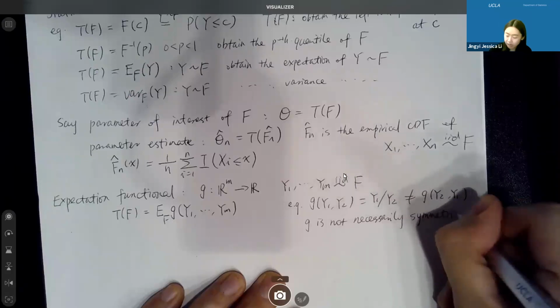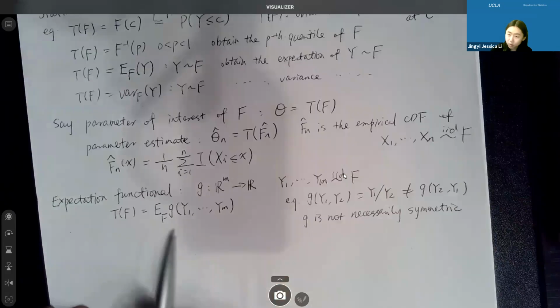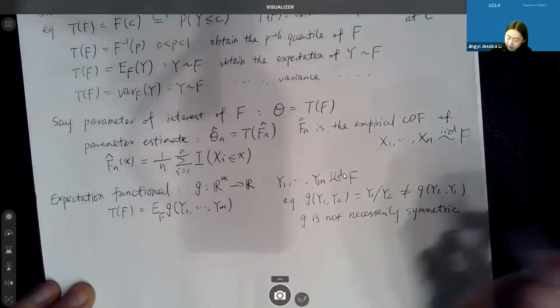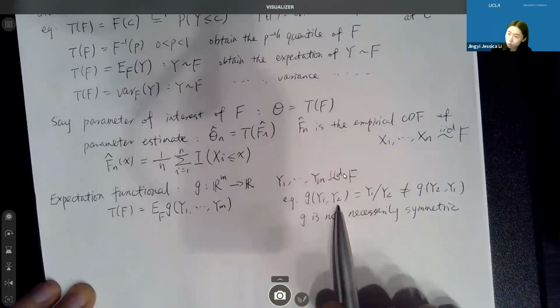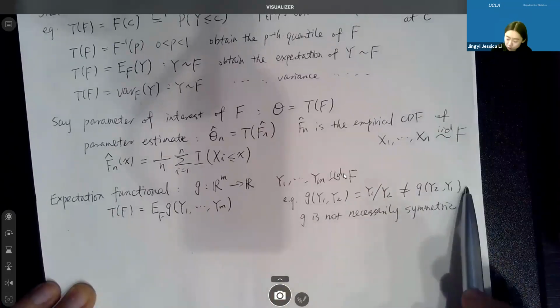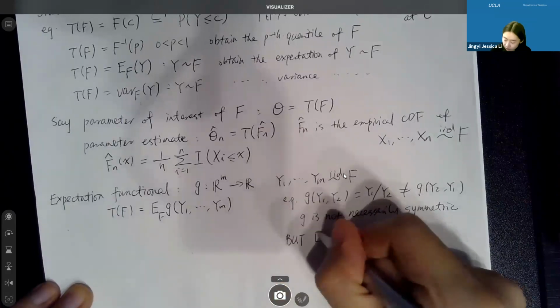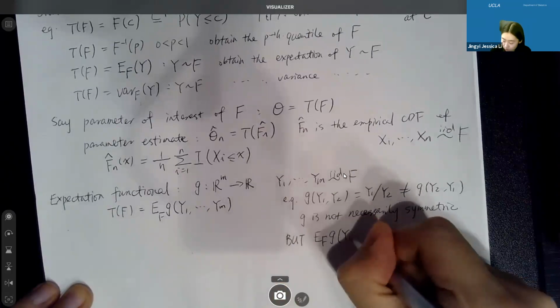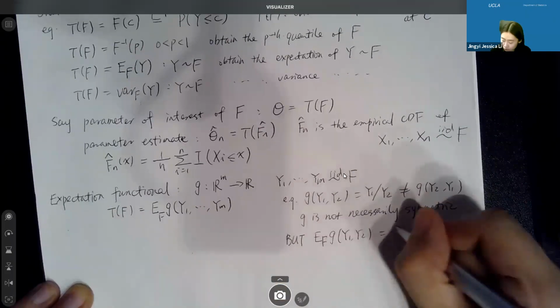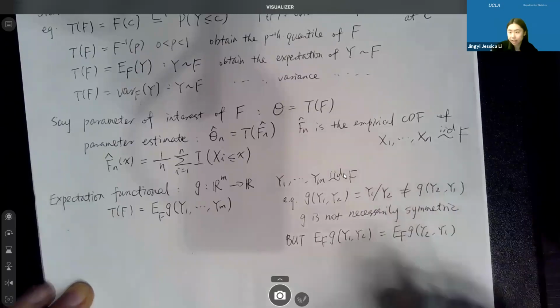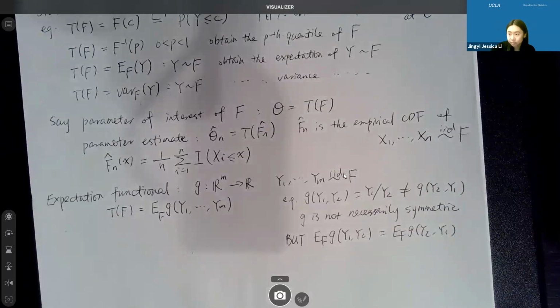However, because of the IID property, we actually can have a symmetric property for the expectation. So what I mean is that even if we don't have g(y1, y2) equals g(y2, y1), we do have the expectation of g(y1, y2) equals the expectation of g(y2, y1). So with the expectation, things are changed. Why is that?